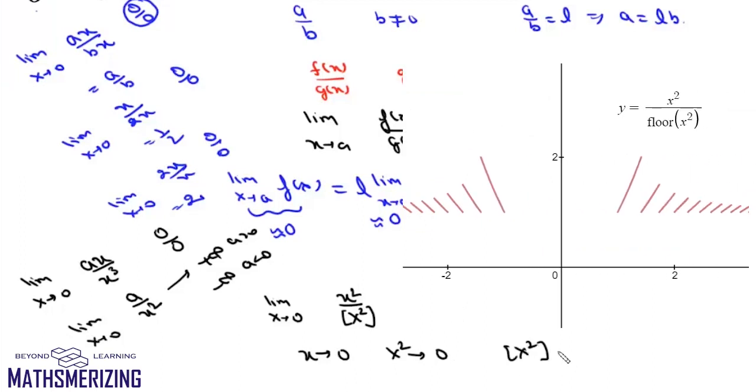Now the greatest integer function of x square doesn't approach 0, because the greatest integer function can only take integral values. It cannot take approaching values. So in this case, the greatest integer function of x square is exactly 0 and not a limiting value 0. So in this case, this limit won't be defined.